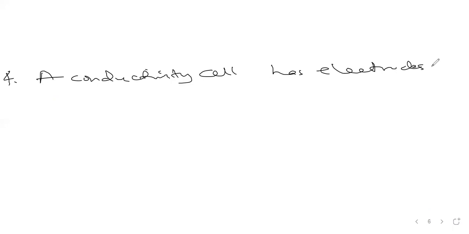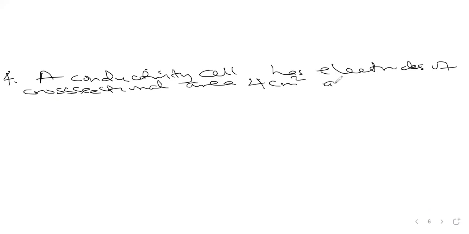A conductivity cell has electrodes of cross-sectional area 4 centimeters squared and 2 centimeters apart.